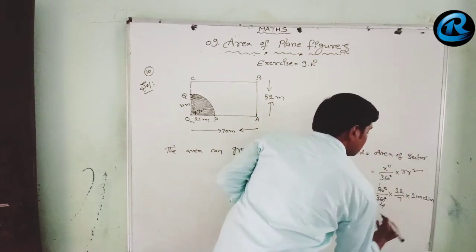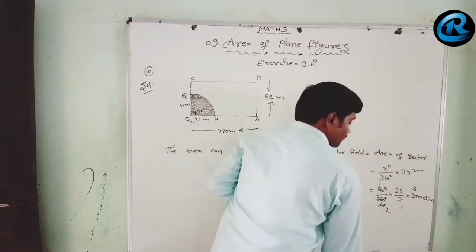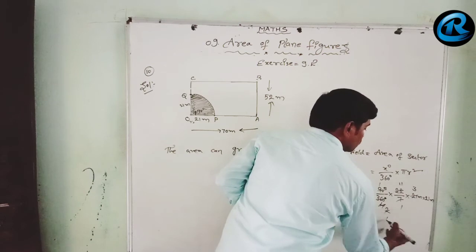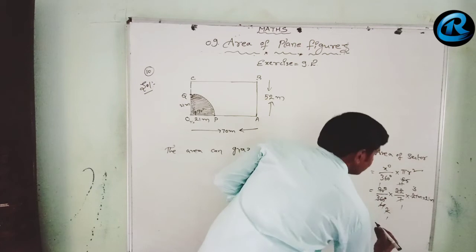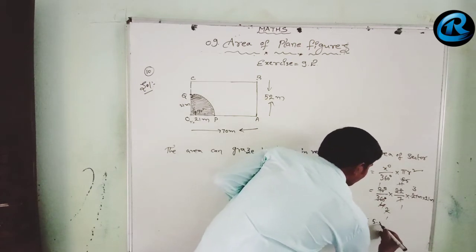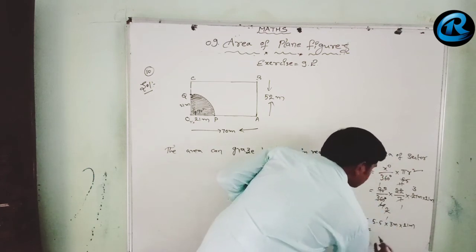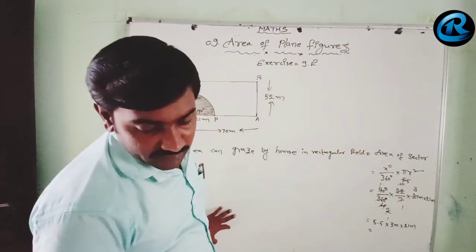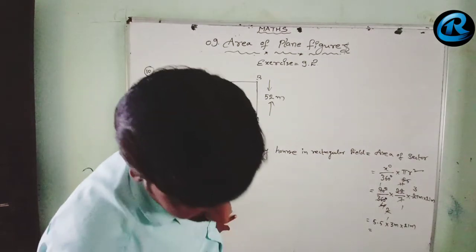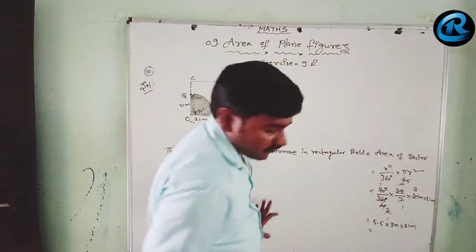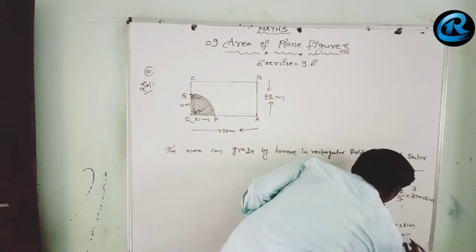Simplifying, we get 5.5 into 3 meters into 21 meters, which is equal to 346.5 meter square.